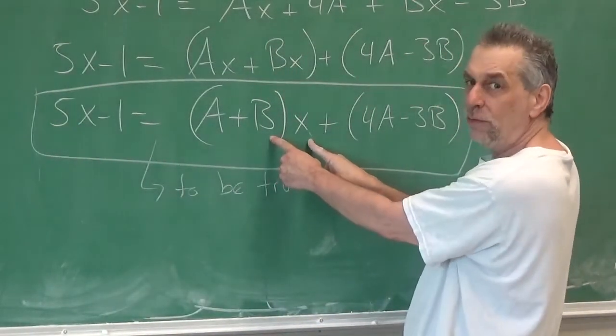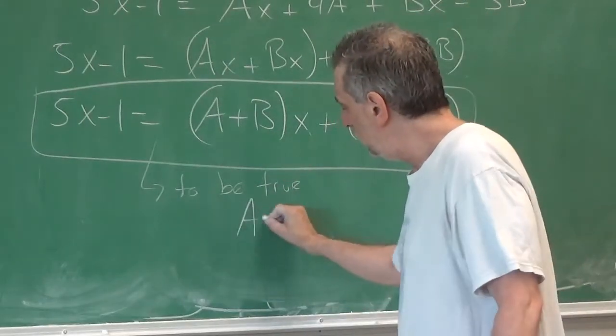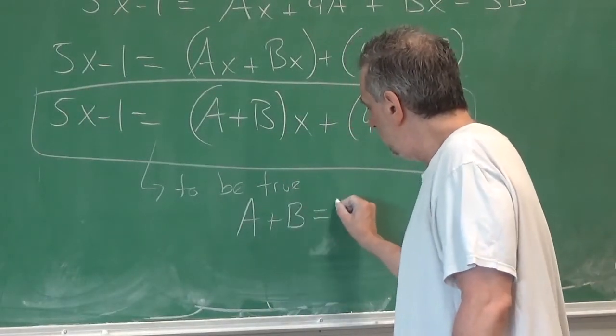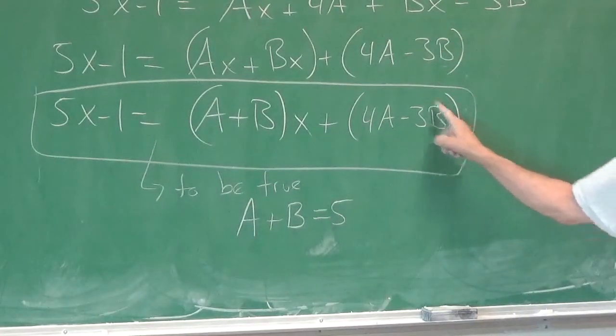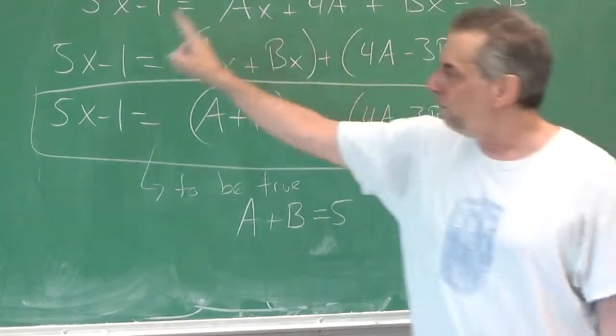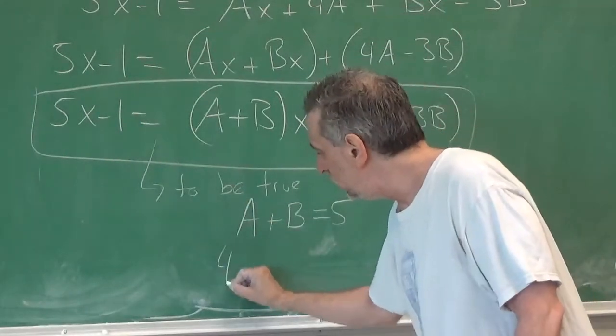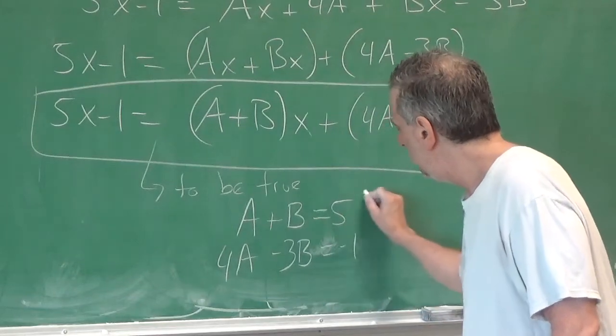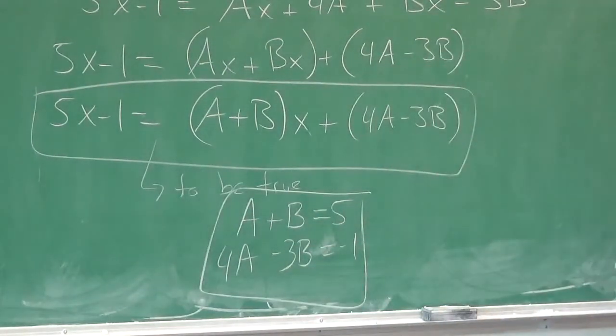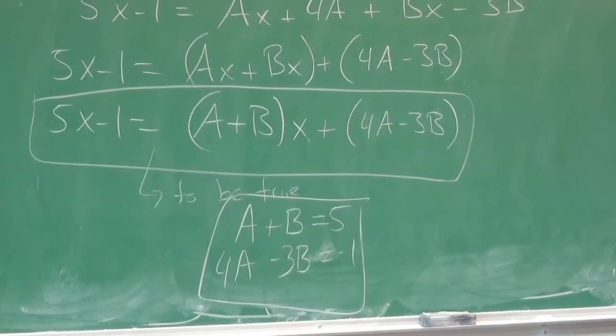A plus B has to equal 5. And the constant term has to be the same as this constant term. So 4A minus 3B must equal -1. So now we've created a system of two equations with two unknowns, and we know how to solve that, and that's all we're doing.